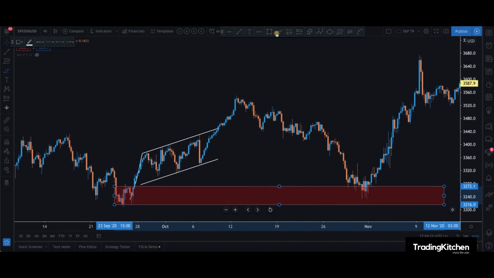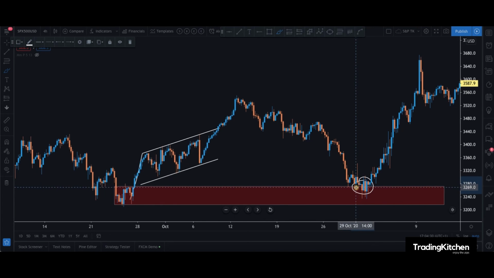In fact, in the future, this structure will be a good point to enter a trade, okay.